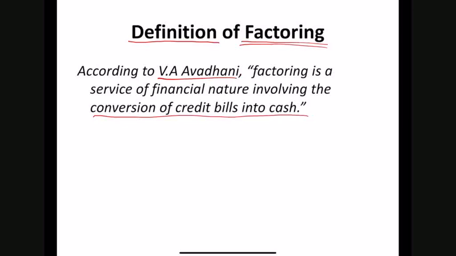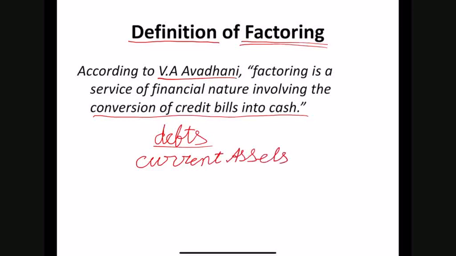As I told in the previous video, even in bills discounting, the bank converts illiquid assets into liquid assets. I have debts. These are considered current assets. Anyhow, it is a current asset to me, but I need money. Money is blocked in debts.